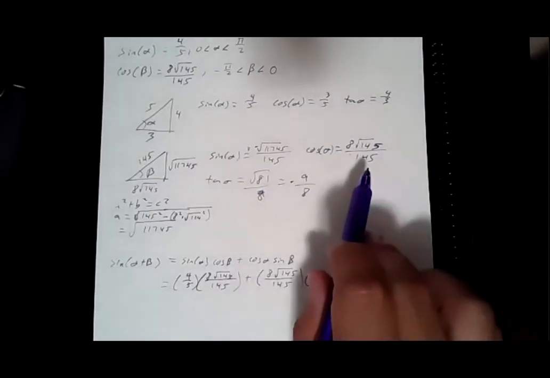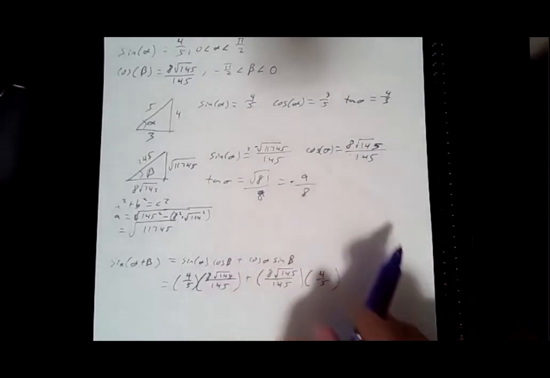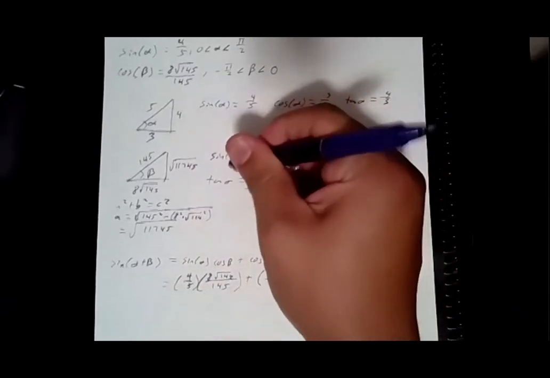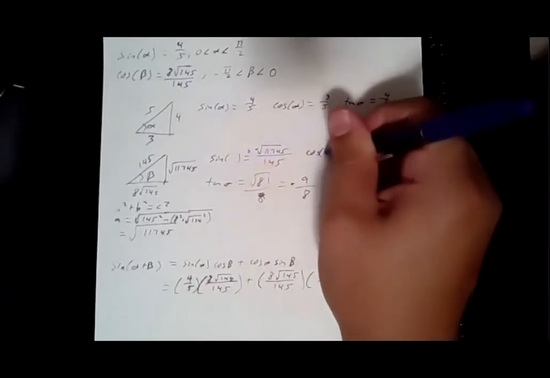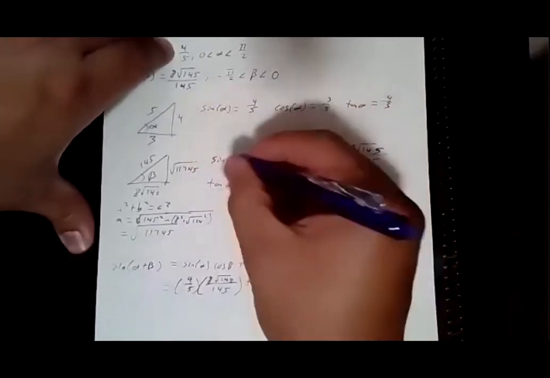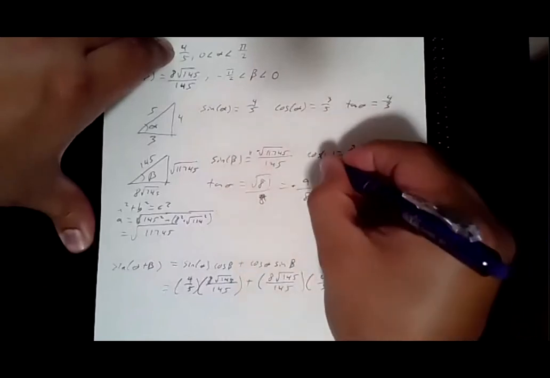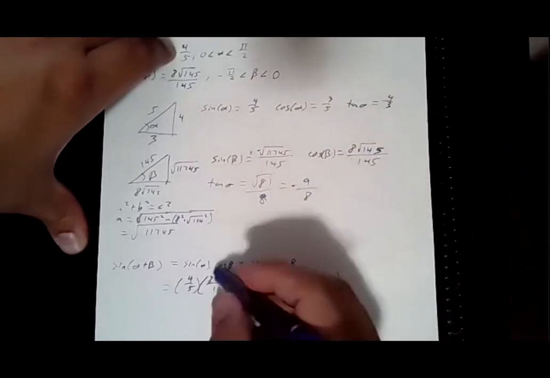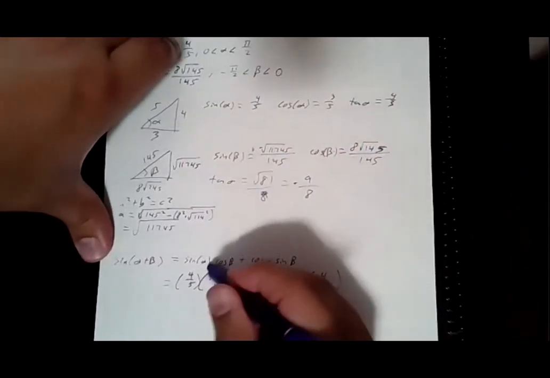Negative signs would be on cosine. Oh, I see. That's why I'm confusing myself. I wrote alphas twice. This is actually beta. Not a major error, but it was enough to throw me off.